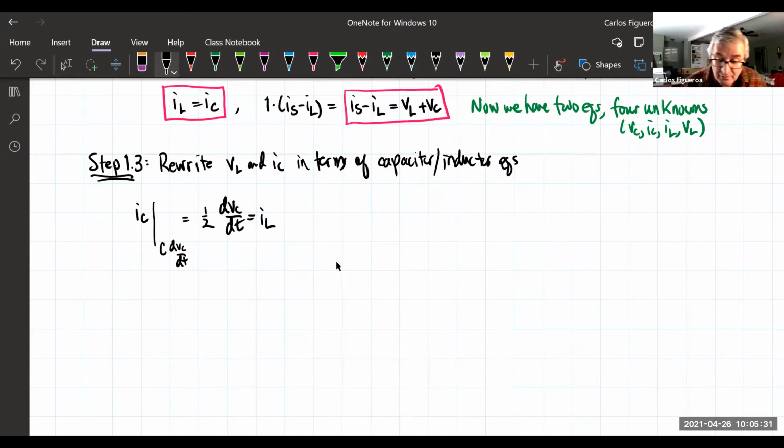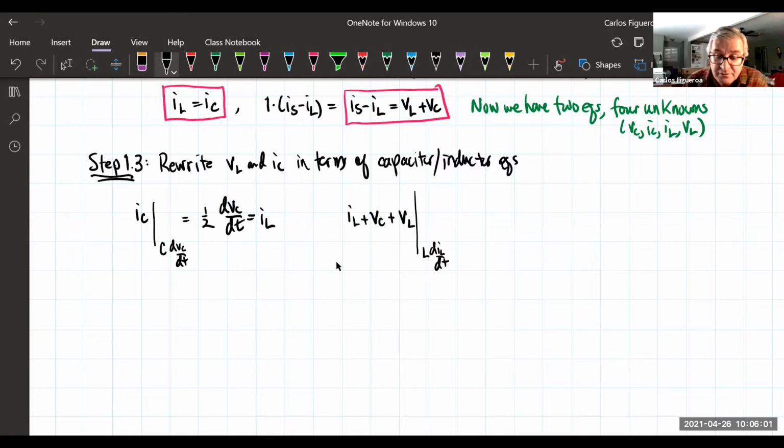Then I go to the second equation. What I'm going to do here is isolate that I source term, and I'm going to bring IL to the other side. So then my second equation tells me that it looks like this. I have IL plus VC plus VL, and then I'm going to replace VL by L di dt.